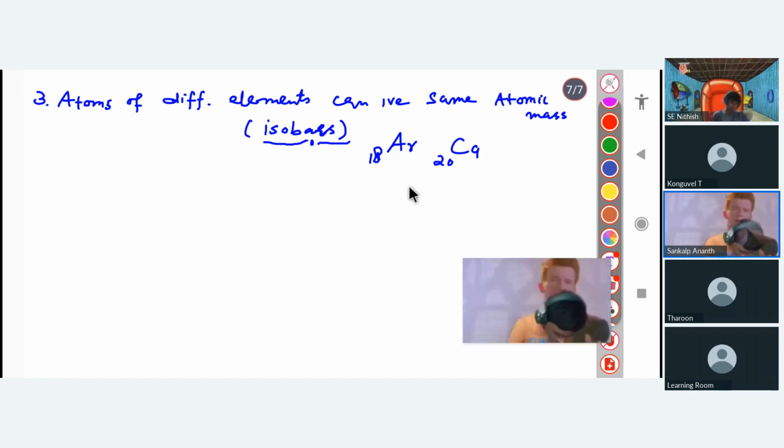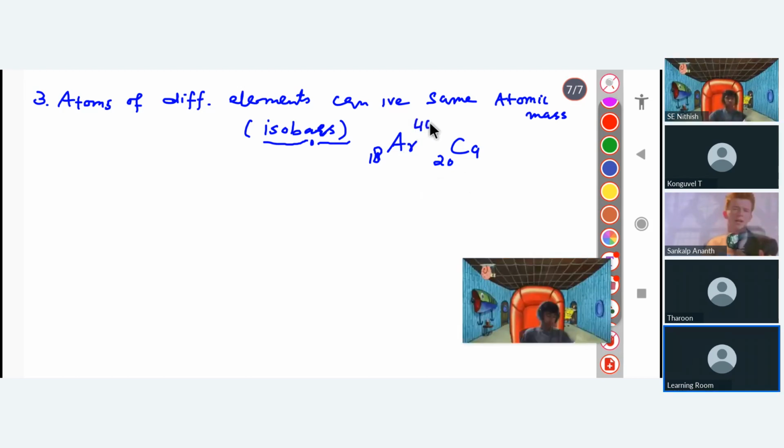Now tell me, argon, its mass is 40, and calcium is also having the mass 40. So these are your isobars. Got it? Can you tell me, are they isobars? For example, nitrogen 7, mass is 14, and carbon 6 and 14, so are they also isobars?